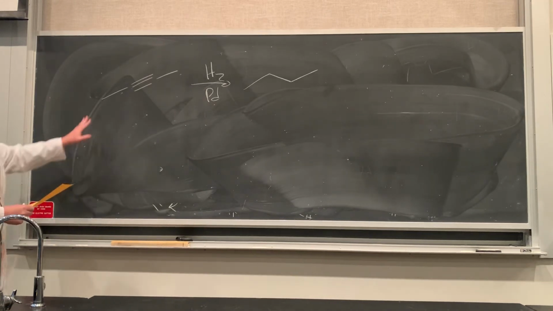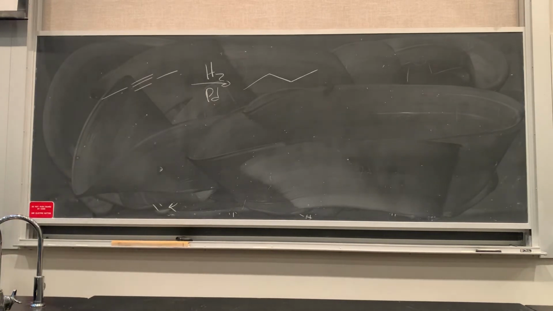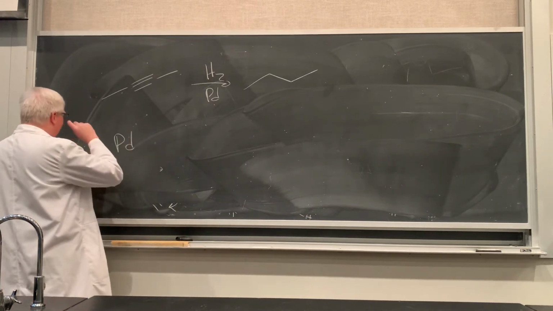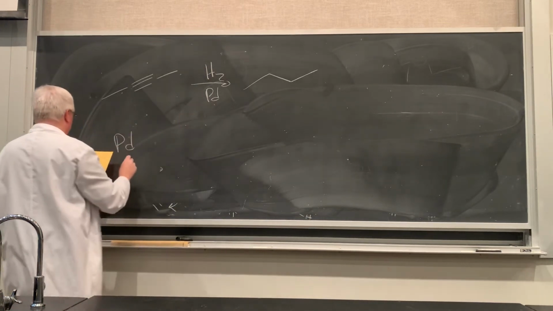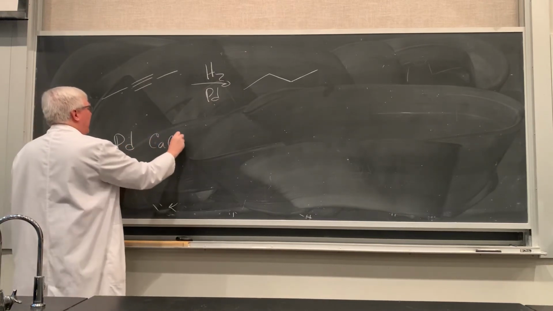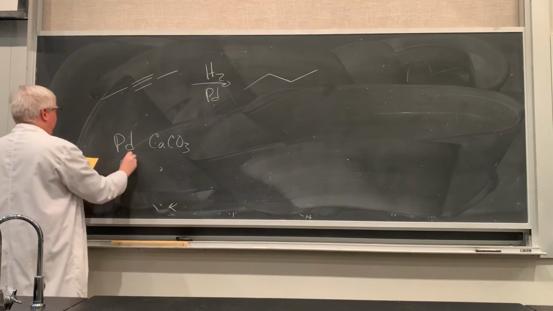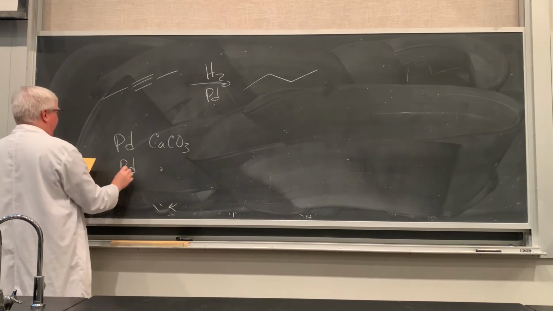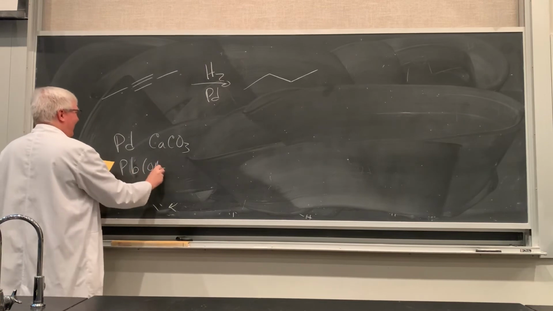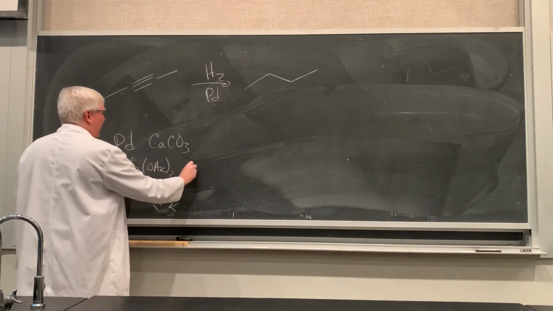So that's typical for all sorts of acetylenes, alkyne materials. But if we have palladium here that is not just palladium, but palladium with calcium carbonate and lead diacetate, and quinoline.